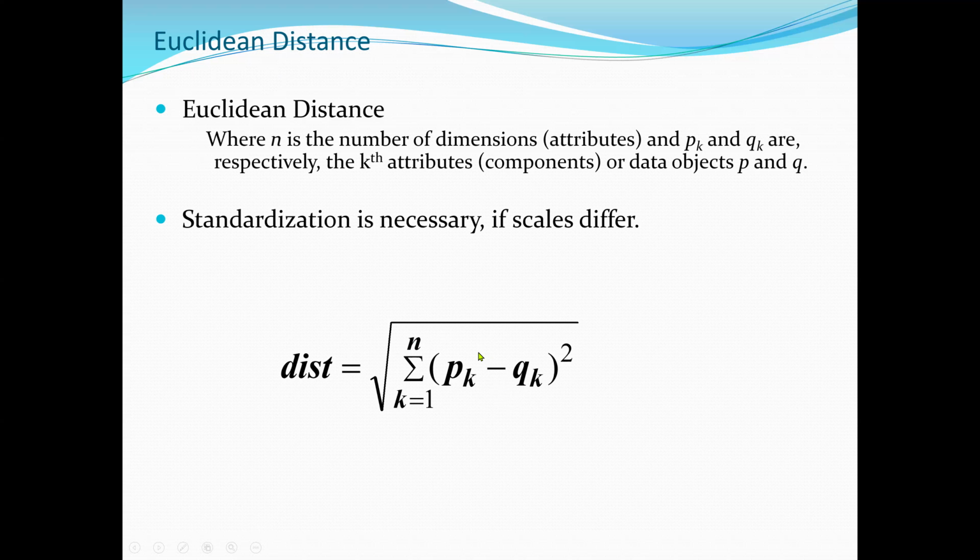Again, the number of k's we have depends on the dimension. So it will be the difference of the 2 attributes, all squared. And we sum, or let's say if it's 2 dimensions, then we get P1 minus Q1 all squared plus P2 minus Q2 all squared. The sum here means we sum everything, then we find the square root.